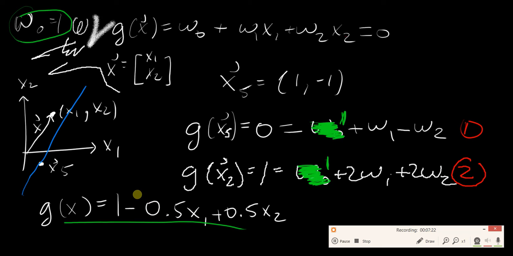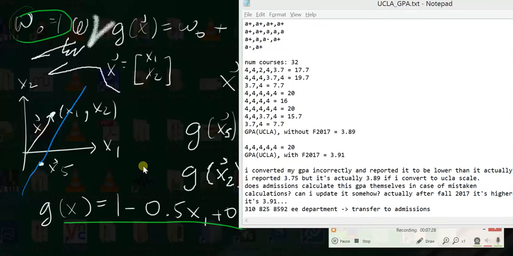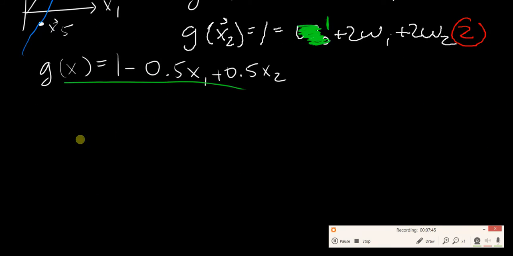So what was the question asked for again? How did they word it? This is the discriminant function they asked for, but this is not the hyperplane equation. They are different. To get the hyperplane equation, as was mentioned before, you have to set g of x equal to 0.